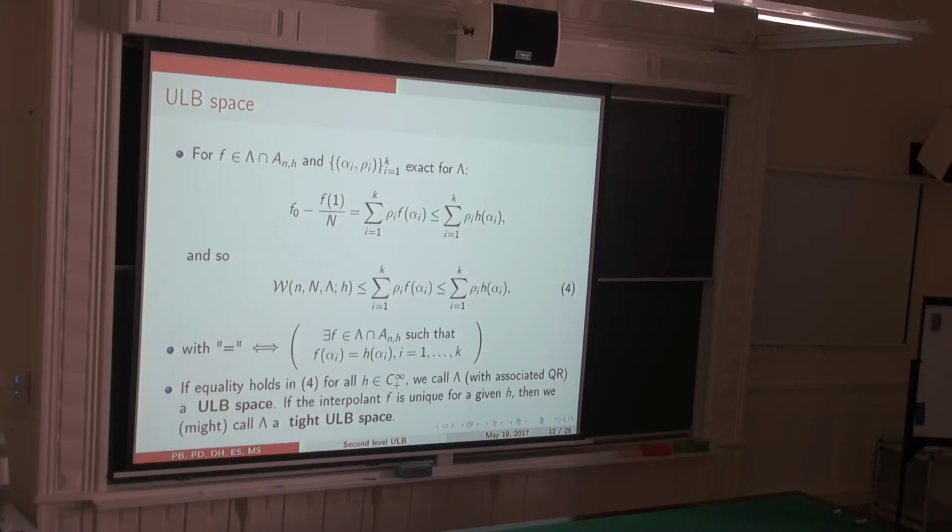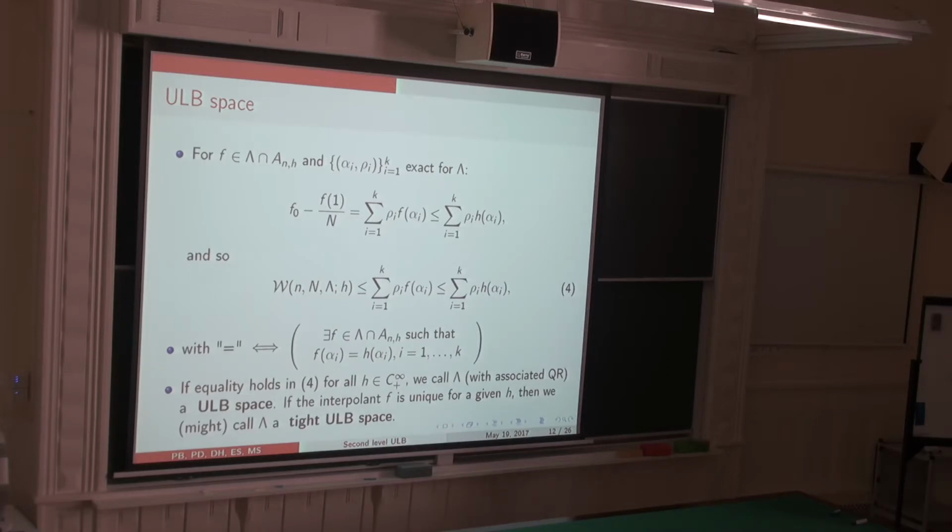Now, universal lower bound space. In general, this is the expression in the Delsarte-Yudin bound, and we are trying to maximize this quantity over all polynomials f that are good. But if f is less or equal to h, and these rhos are non-negative, then that inequality is straightforward. So this is a bound on that linear program that we are solving.